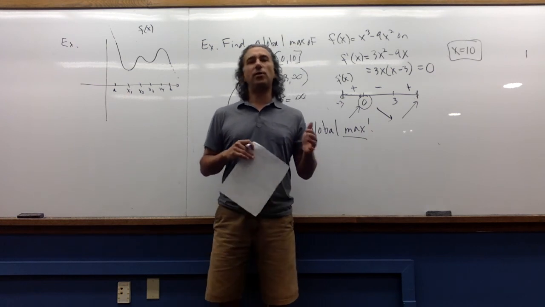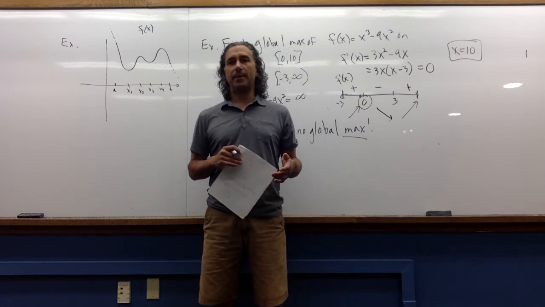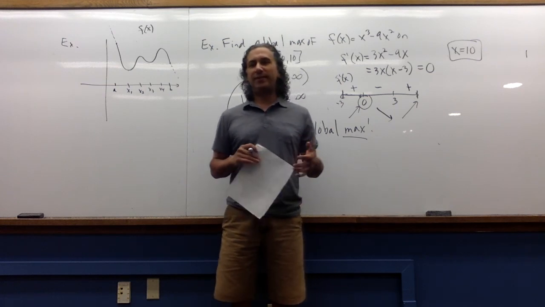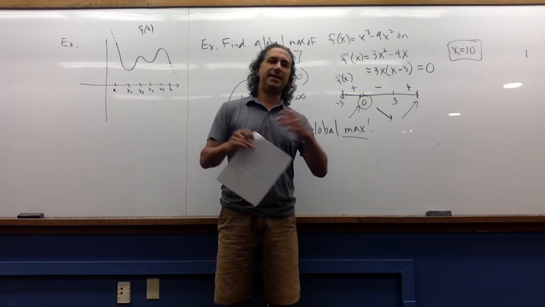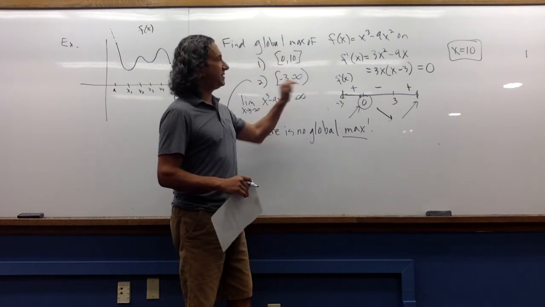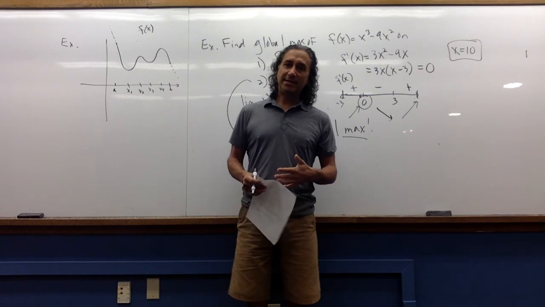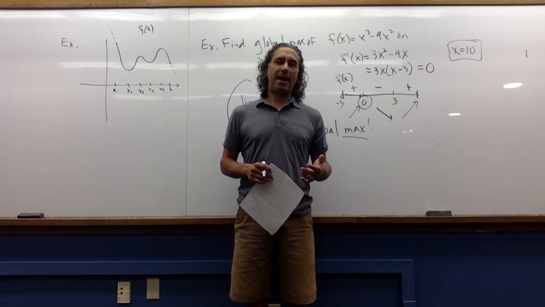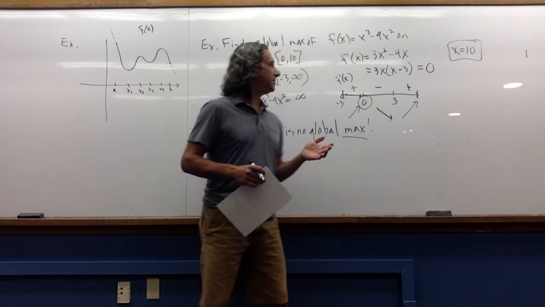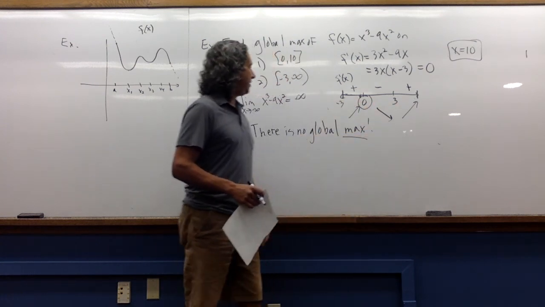We know we're going to find a global max and a global min. If, however, the function is not continuous, which, quite frankly, is going to be minimally seen around here, or if we're looking at an open interval, okay, this we will be studying, then maybe it has a max, maybe it doesn't have a max. Maybe it has a min, maybe it doesn't have a min. You have to do the sign chart to see what's going on, and you have to then take a look at the end behavior.